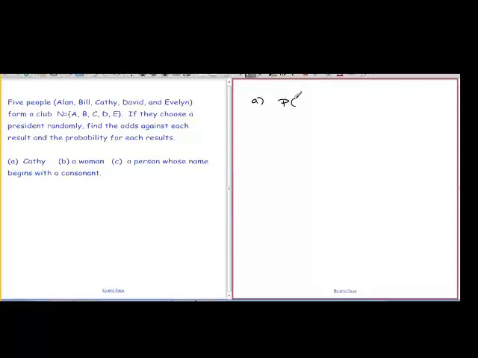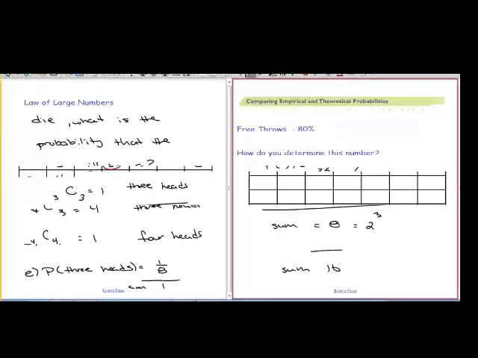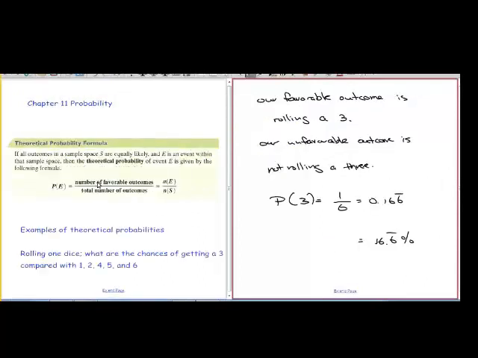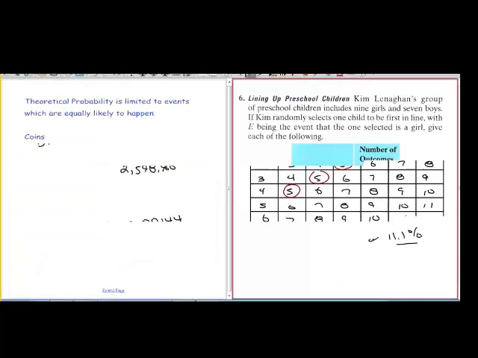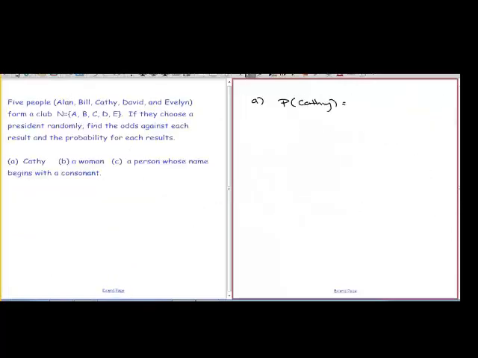So we're going to do A. The probability of picking Kathy. The favorable event is picking Kathy. And you say, okay, how many possibilities do I have? If we go back to our definition of probability, it says the number of favorable outcomes, which is picking Kathy, divided by the total number of outcomes. The total number of outcomes in this case is the total number of people to choose from.